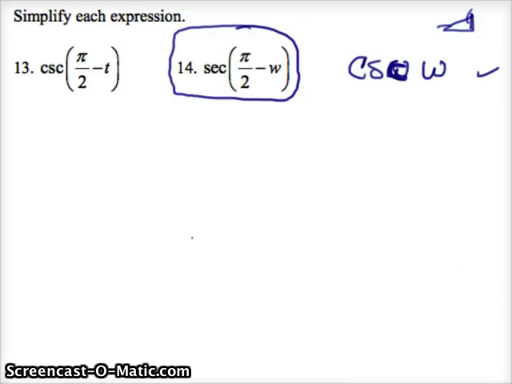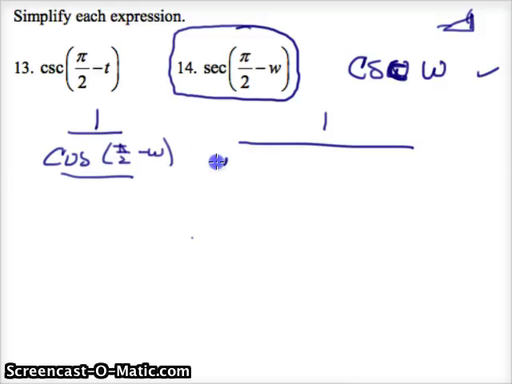But let's just say that you didn't know the identities that well. You could say that secant is really 1 over cosine of this angle, which is pi over 2 minus w. Now we could use the difference identity for cosine, so notice what that would be. That'd be 1 over what?